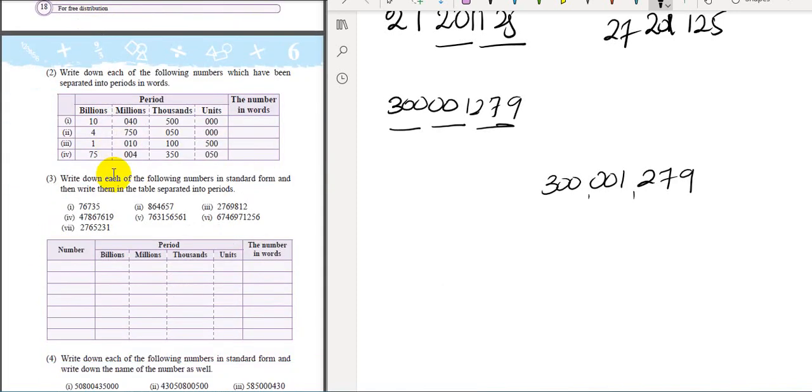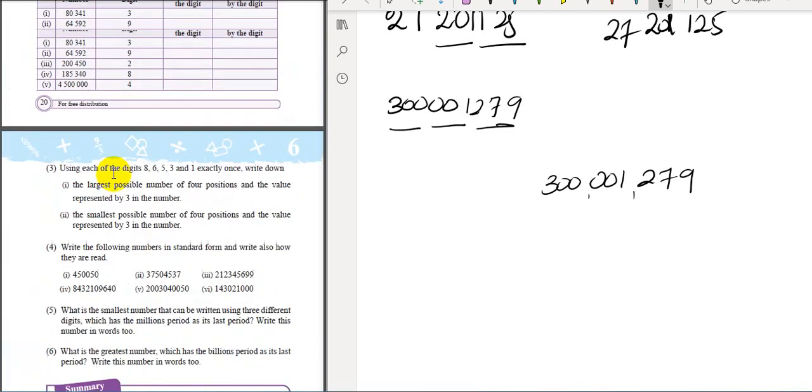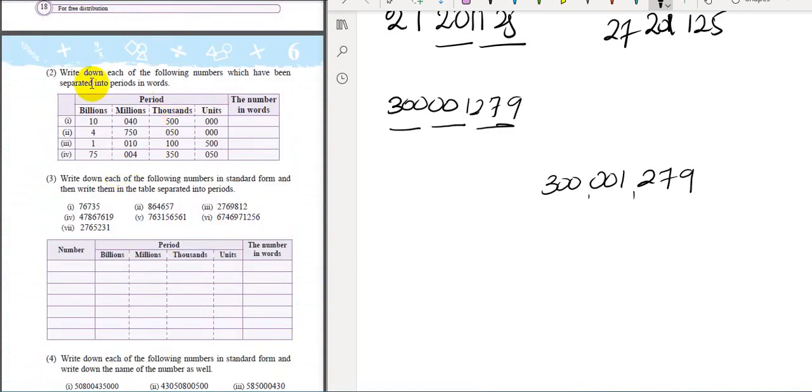The second question is the numbers in words: 10 billion, 40 million, 500,000.